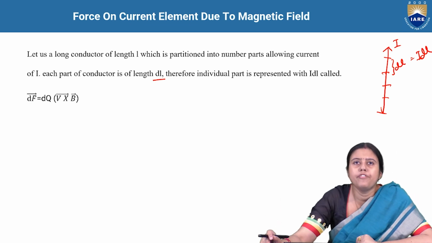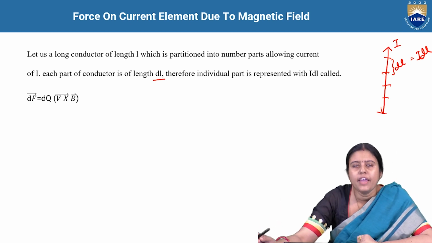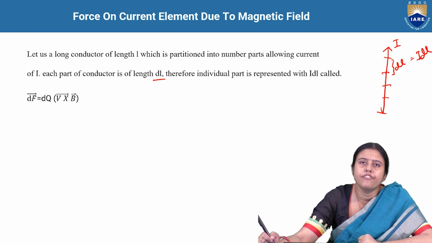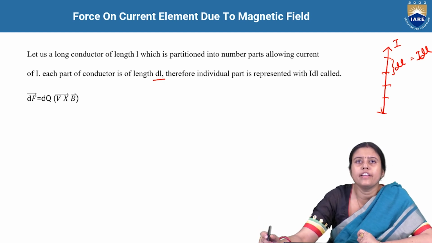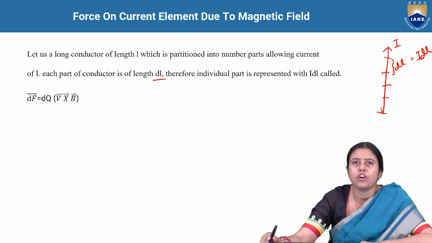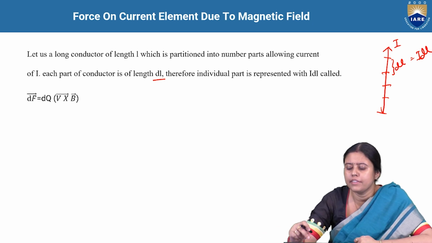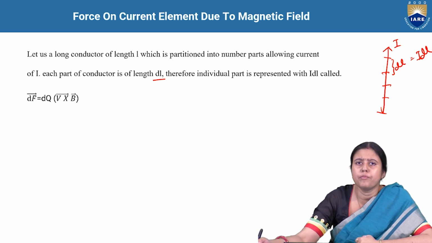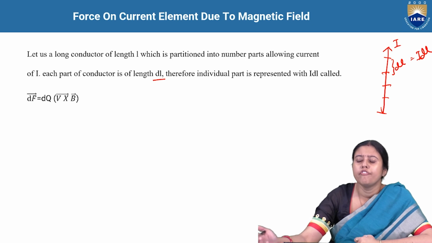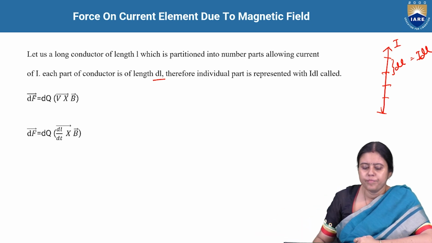Now, from the previous equation, we know that if there is any magnetic field, the magnetic force dF is equal to dq V cross B, for a small portion.